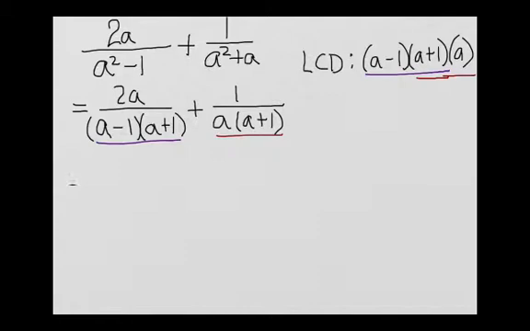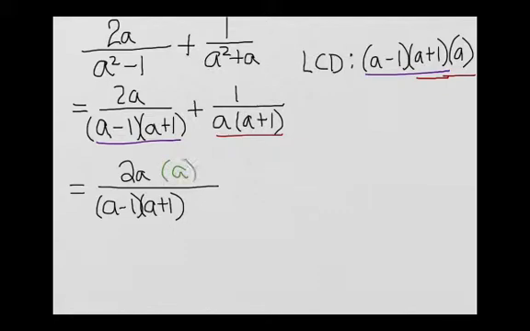The next step is to write each of our original fractions so that it has the common denominator. The first fraction already has the factors a minus 1 times a plus 1, so we need to have it have a factor of a as well. So we'll multiply the numerator and the denominator of that fraction by a, so we haven't changed the value, we've just changed the way it looks.